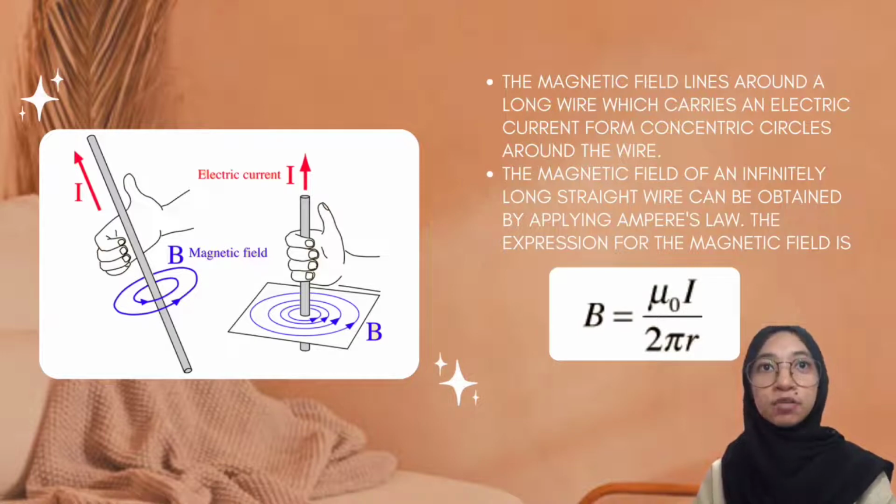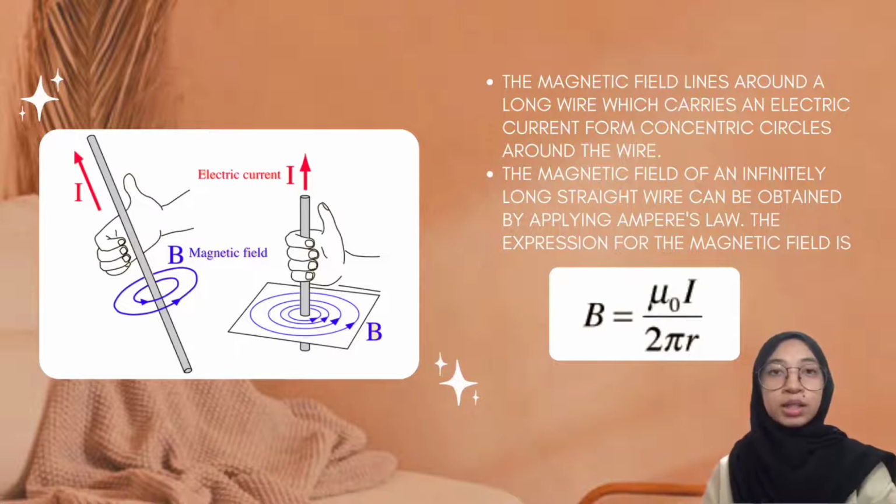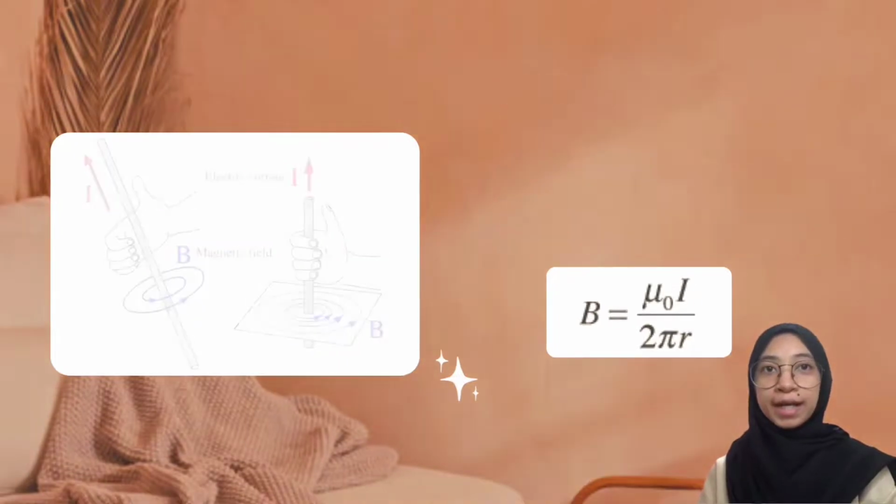The direction of the magnetic field is perpendicular to the wire and is in the direction the fingers of your right hand would curl if you wrap them around the wire with your thumb in the direction of the current. The magnetic field of an infinitely long straight wire can be obtained by applying Ampere's law. The expression for the magnetic field is B equals mu0 times I over 2 pi r.